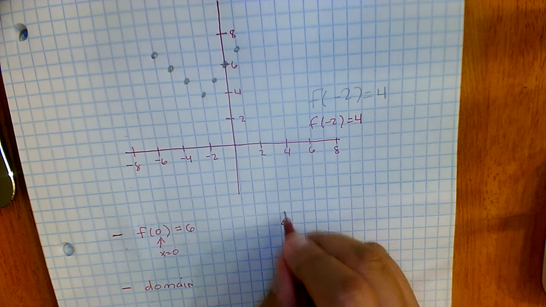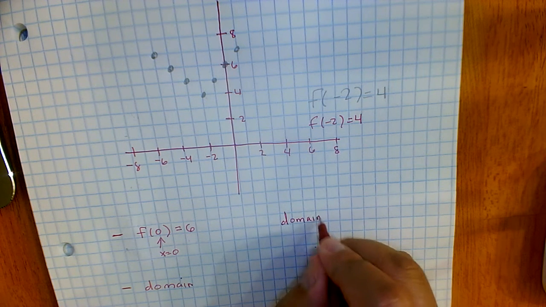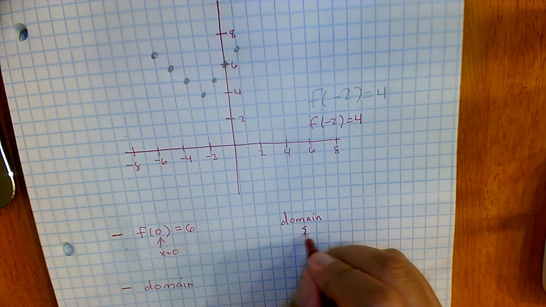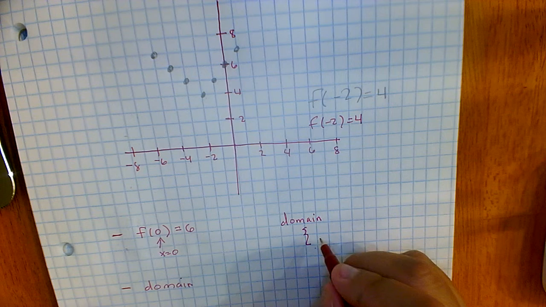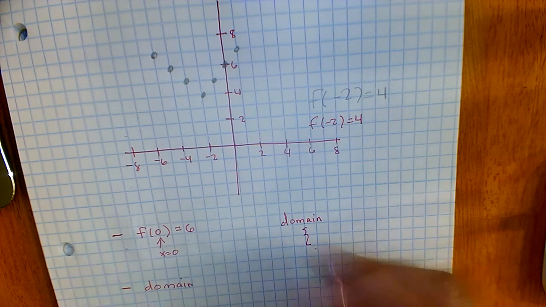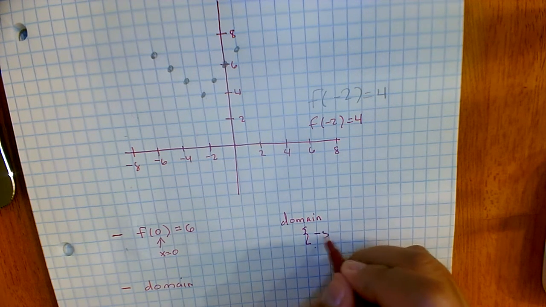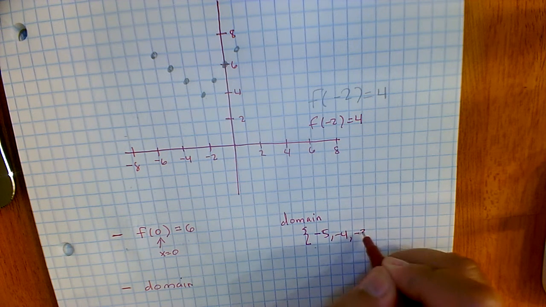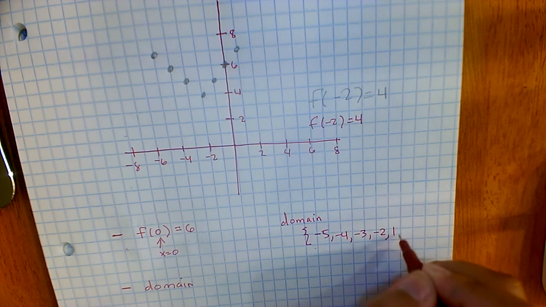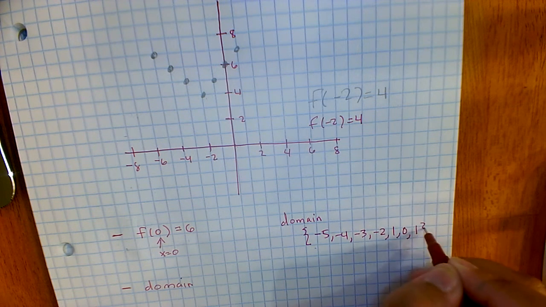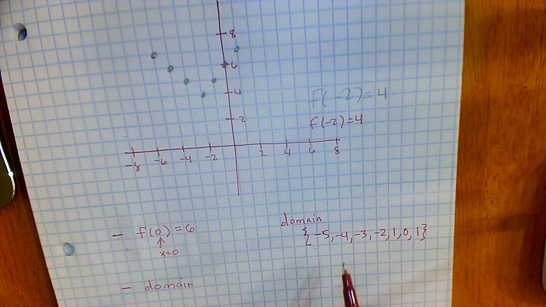So our domain is going to be a little different than other domains. It's just going to be these individual x values rather than ranges or blocks of numbers. So it'll be -5, -4, -3, -2, -1, 0, and 1, which is different than some other domains, but that's what this one's going to be.